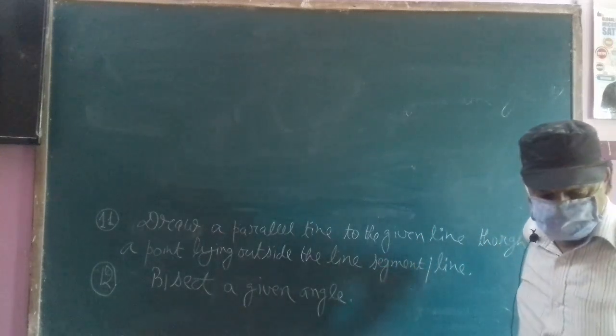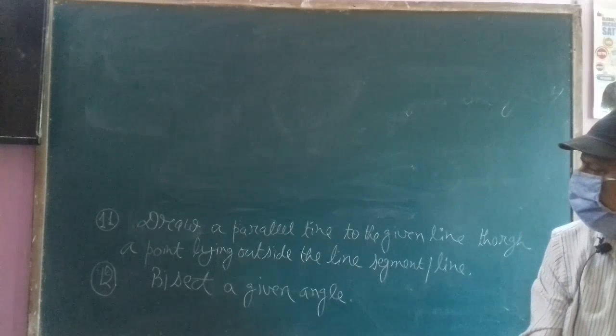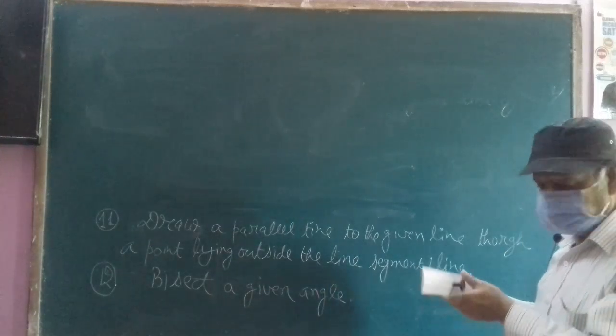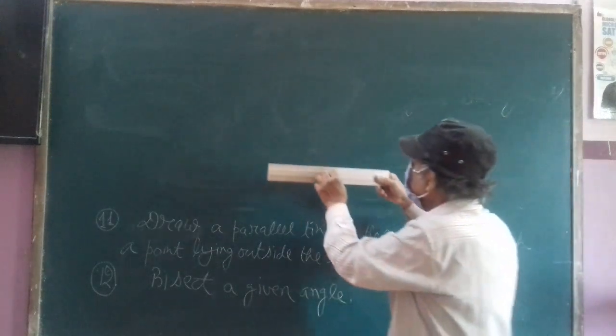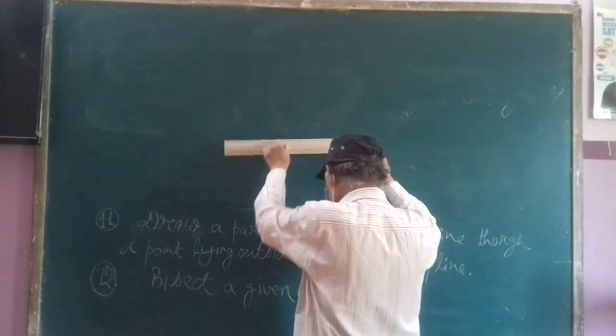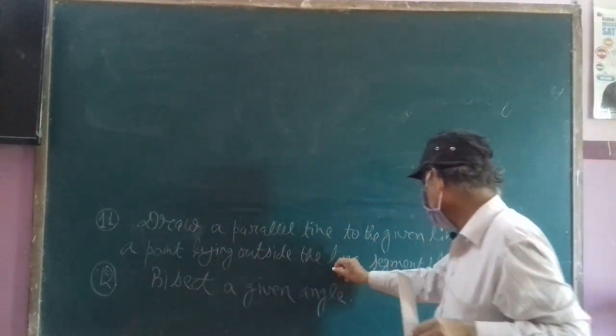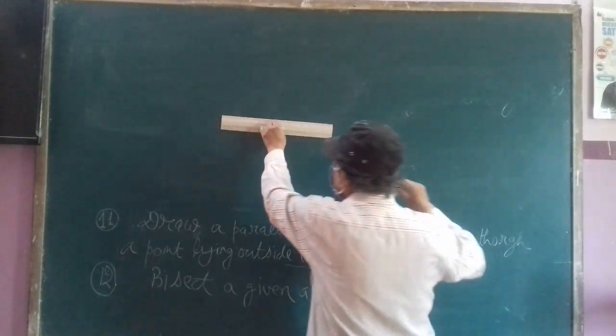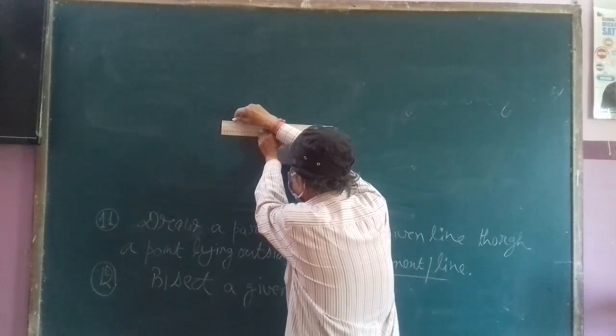See how fast you did it yesterday and the day before yesterday, drawing parallel lines through a point lying outside the given line segment. This is your line segment AB.